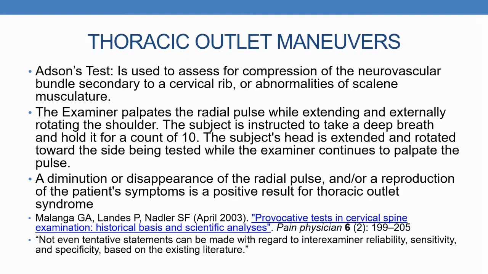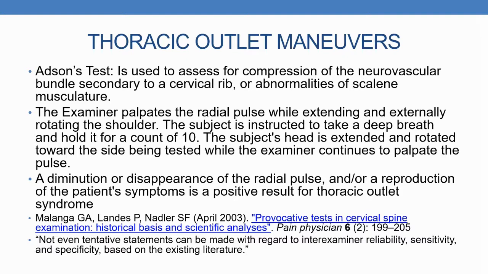There could be hypertrophy of the scalene musculature. There could be scar tissue deposition in the scalene musculature. There could be anomalous development of the musculature, which narrows the passageway between the anterior and middle scalene. And so many different types of possibilities exist, and Adson's maneuver is one way to test for such abnormalities.